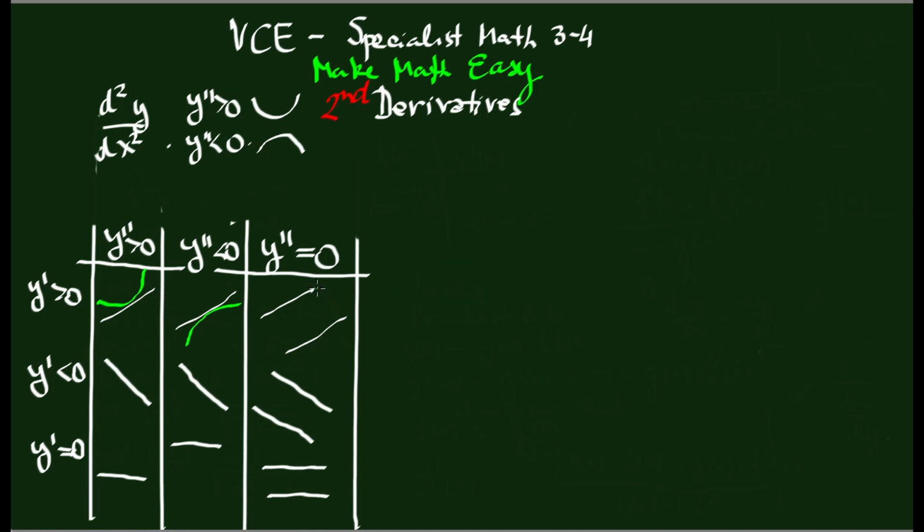These points are called points of inflection because the concavity changes from one to the other. So it's a point of inflection. Points of inflection.